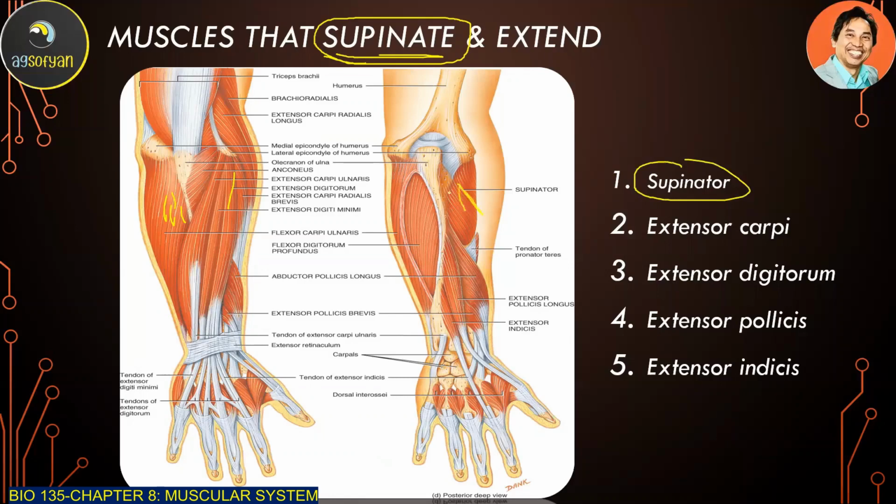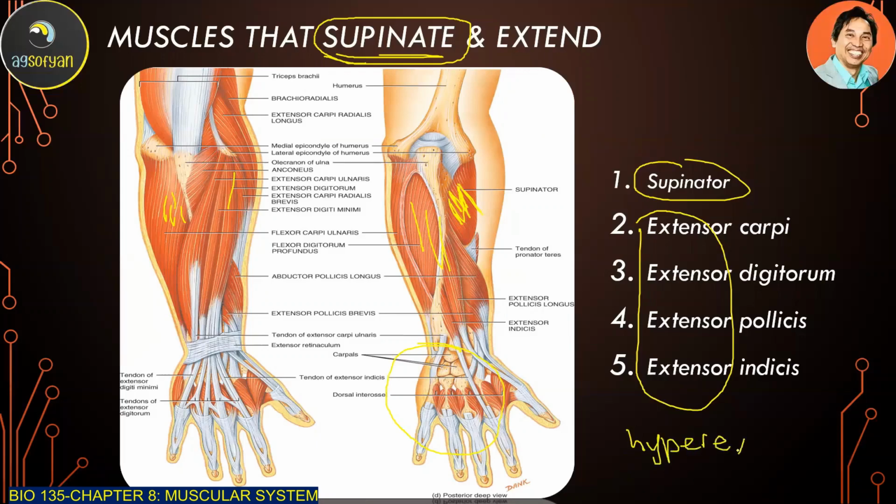This supinator is located on the prone side of your arm. This muscle can also be used to extend your finger and wrist. So when you open your finger up from a fist position, that is called extension. You can even do more than extension. You can move your fingers back more than 180 degrees. That's hyperextension.